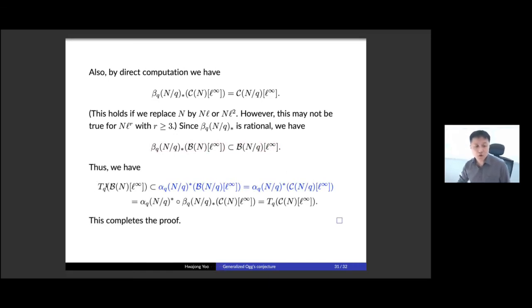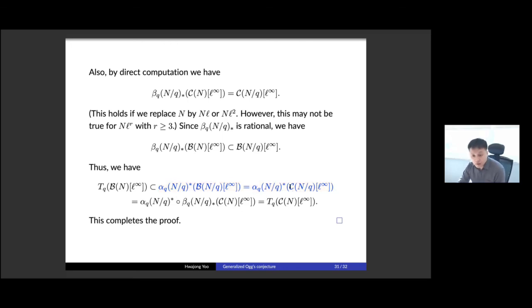Therefore, this operator, by definition and previous computation, is alpha composed with beta. Because of this inclusion, it is contained in this one, and by our assumption, this one is equal to this. Therefore, if you apply the pulling back, you get the same, because it is already the same.